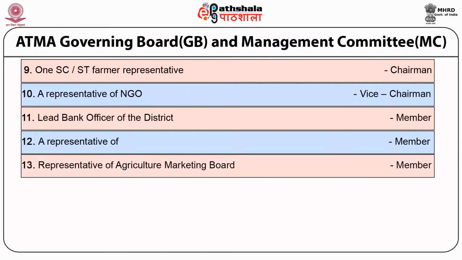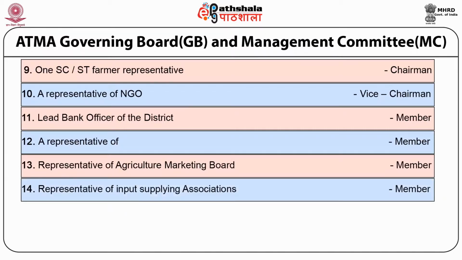A representative of the Agricultural Marketing Board takes care of the issues associated with marketing, along with representatives of the input supplying associations. Input suppliers play a very key role in agriculture and allied enterprises, because, as we have been discussing, agriculture and allied sciences are time bound activities. The inputs that we need have a specific time limit.